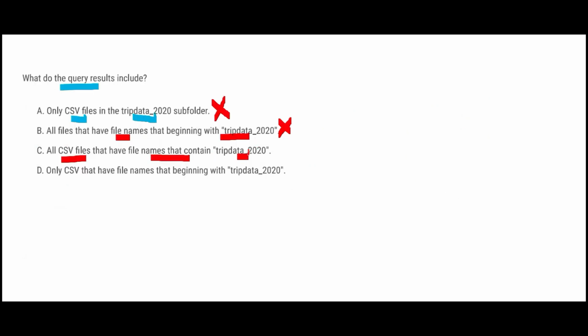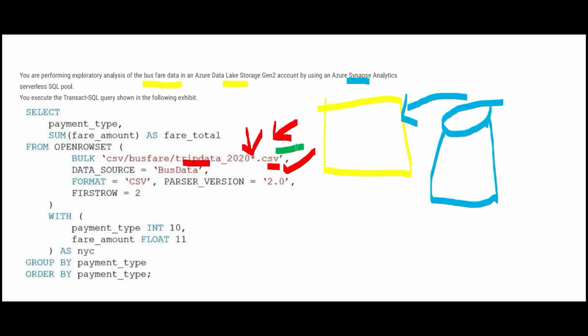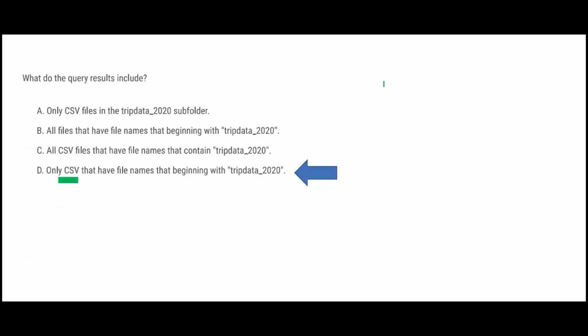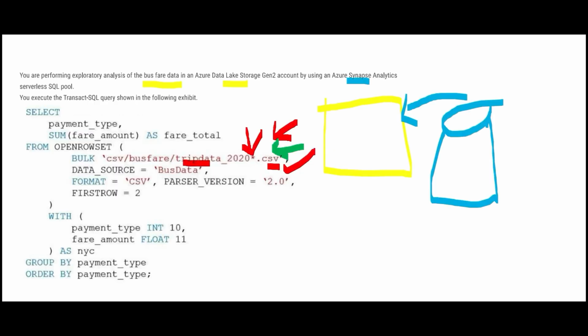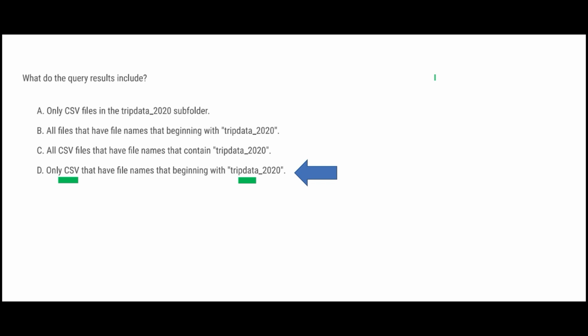When we say the file name will contain, it means trip data 2020 will be in between. No, it will be at the start. So D says only CSV, because we will get only CSV. The CSV extension is mentioned here, and it begins with trip data 2020. That means it will always start with this, because the star is kept after this word. That is why D is correct.